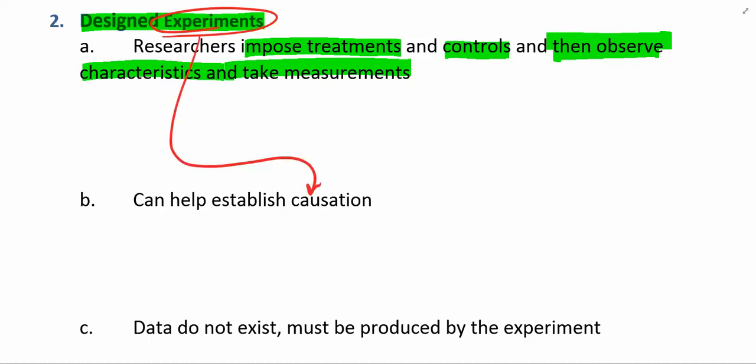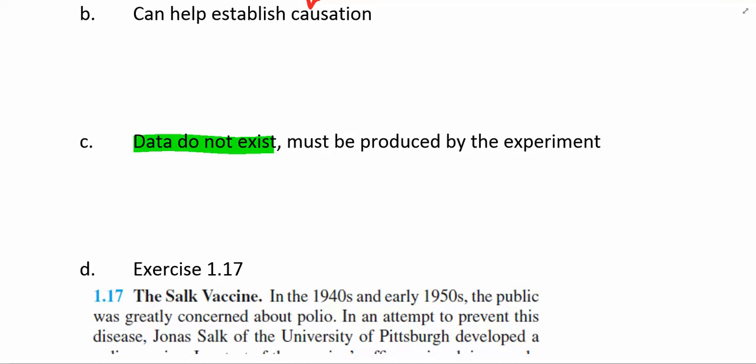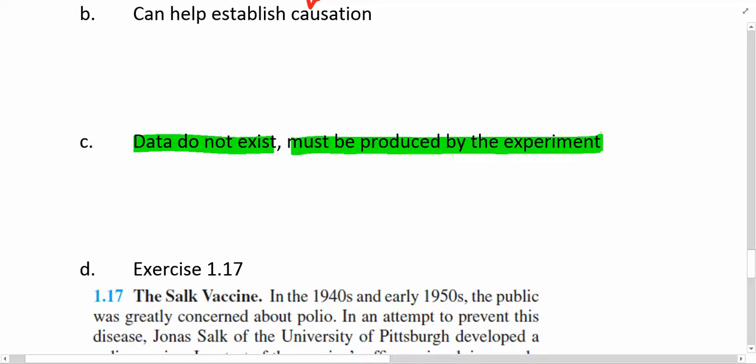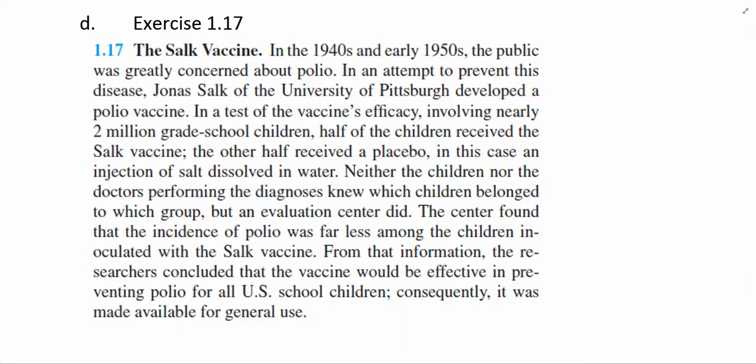By measuring data and observing data points created in an experiment, we can find the cause for the behavior of the relationship between two objects. Now, in a designed experiment, the data does not exist, and it must be produced by the experiment. So here's another example, this time of a designed experiment.